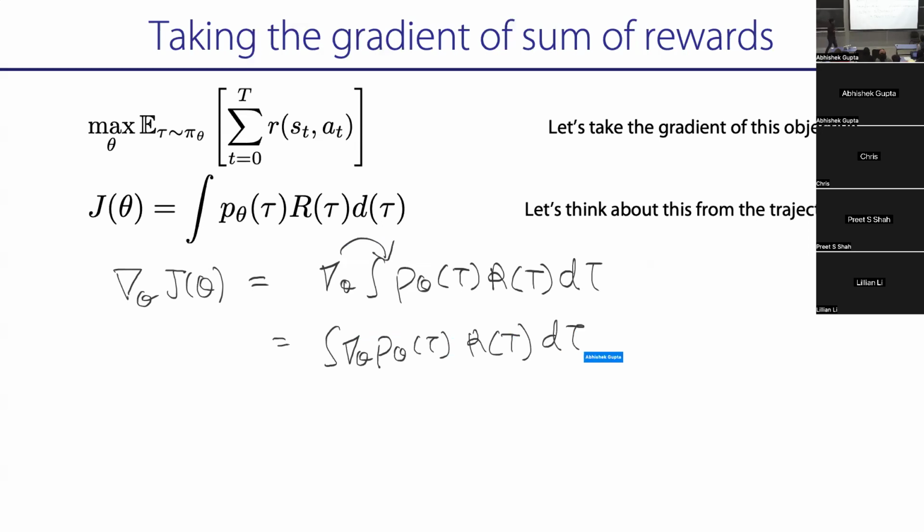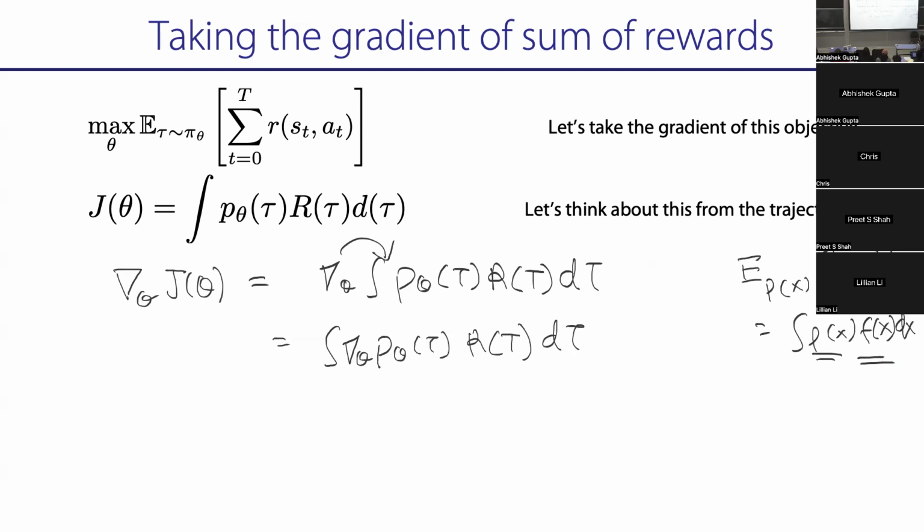Now I want to make it into an expectation. What's the magic sauce? A reminder: expectations are of the form integral of p x, f x, d x. So I want a probability multiplied by some function, integrated over everything.